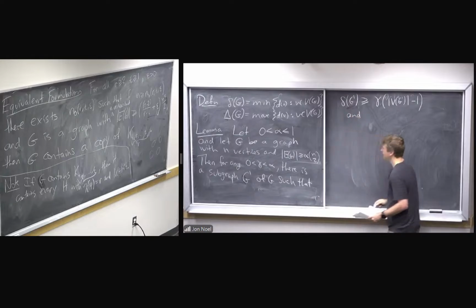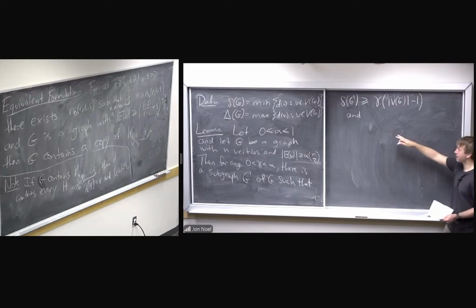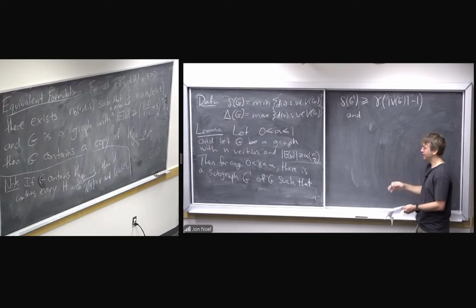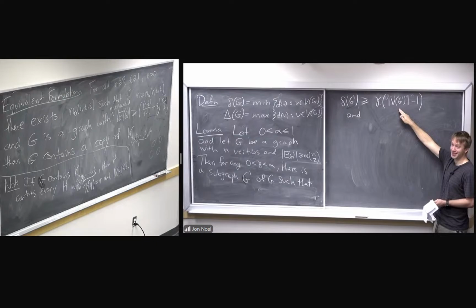And I also want to say that by trying to find this graph G prime, I haven't thrown away everything. We're going to throw away most of the graph, but I want there to be something reasonable left over. Certainly, I don't want to end up with a graph on one vertex, which, by the way, would satisfy this.